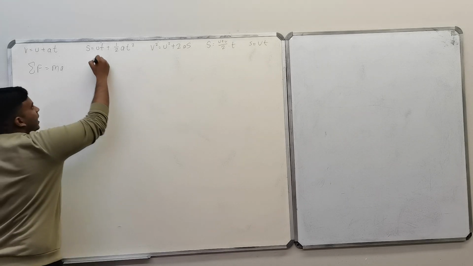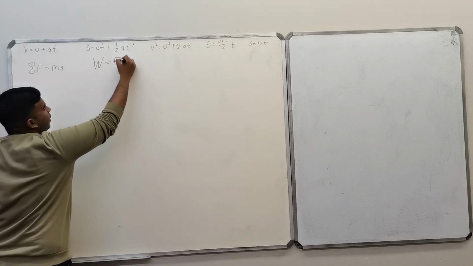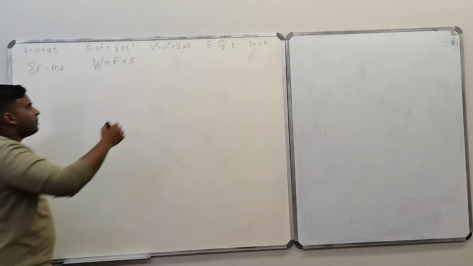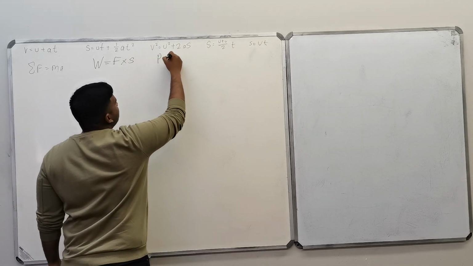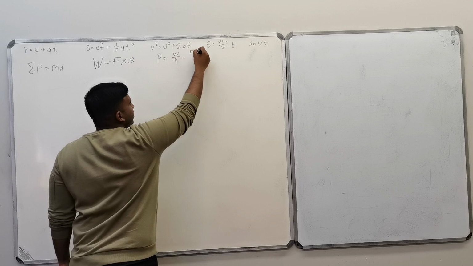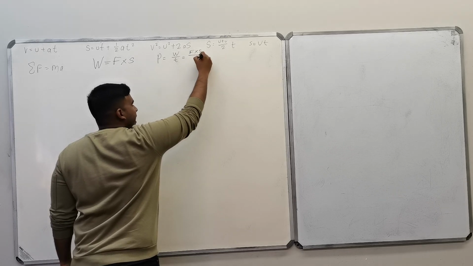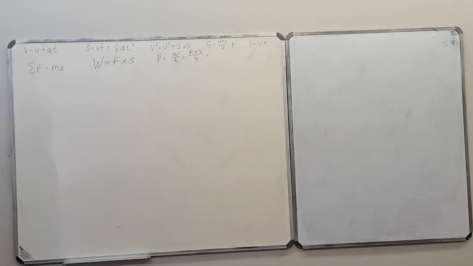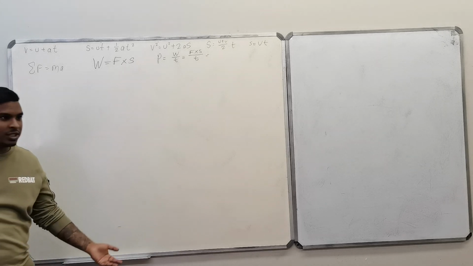So we got our formulas, right? We know that work done is equal to force times distance. And the other one is power is equal to work done over time, which is the same as saying force times distance over time. And then you see we got F times v, force times velocity.